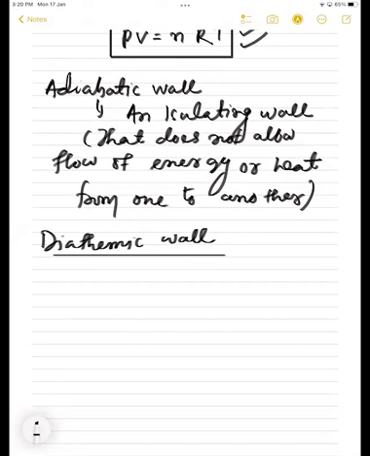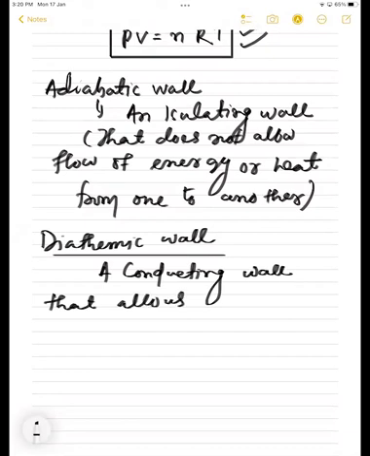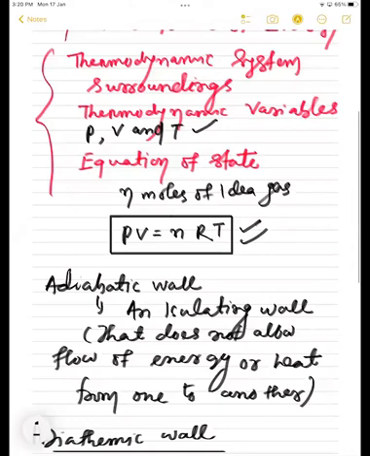Diathermic wall is a conducting wall that allows energy flow, right?